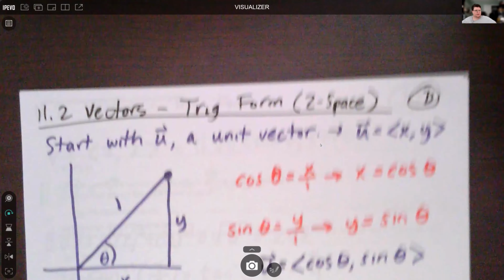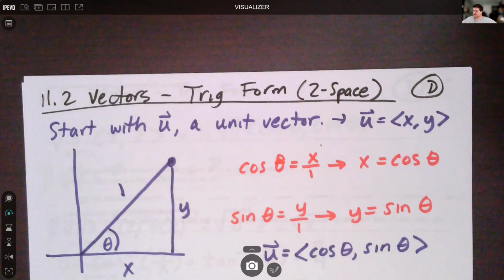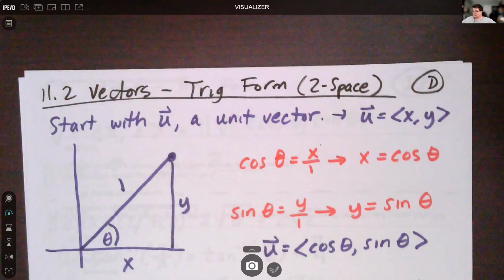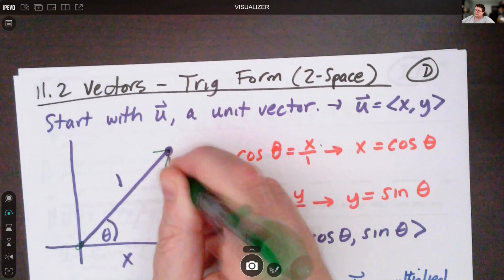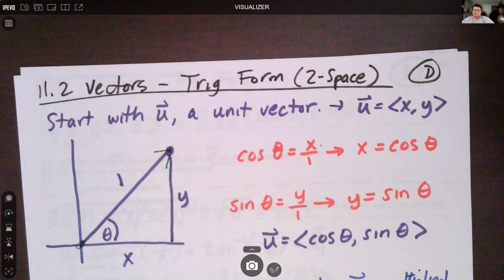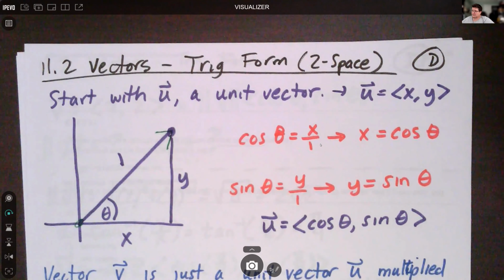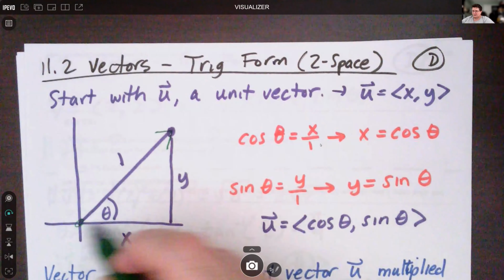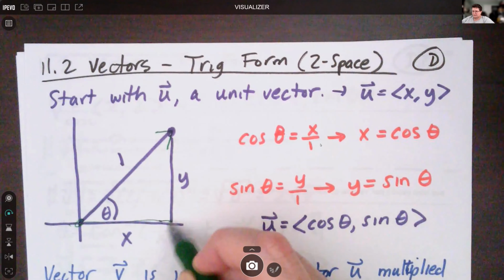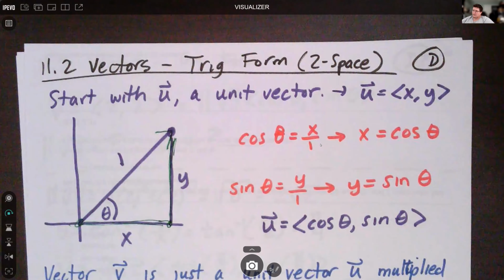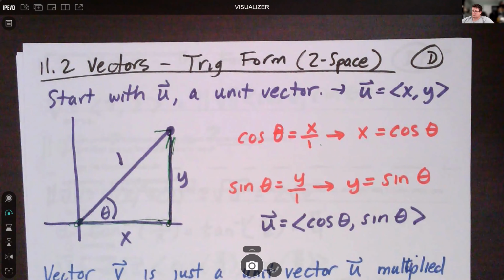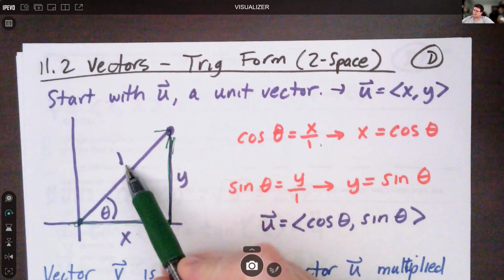More stuff we do with the trigonometry in vectors. If I have a unit vector starting at the origin and going that way a length of 1, I can see from trigonometry the x component is this side here, the y component is this side here. Using a little bit of trig, cosine is adjacent over hypotenuse, x over 1.